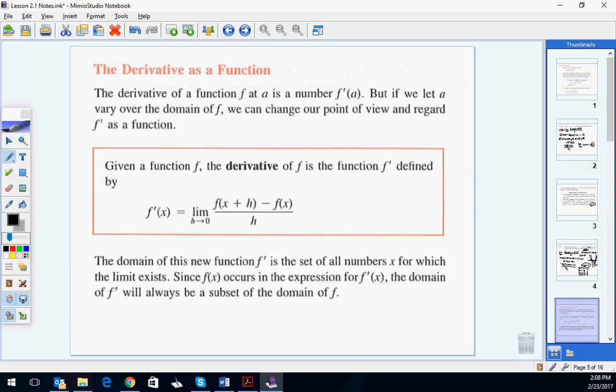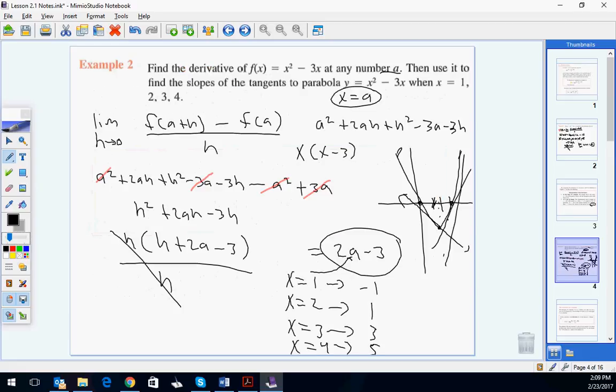So the derivative as a function. The derivative of f at a, again, is f prime of a. Yes, that equation was the equation of the slope as it changes with respect to the tangent at each spot. Right, so these are 1, 2, 3, and 4. So 1 was on the left side of the parabola, so to go through that one spot, it's a negative slope.